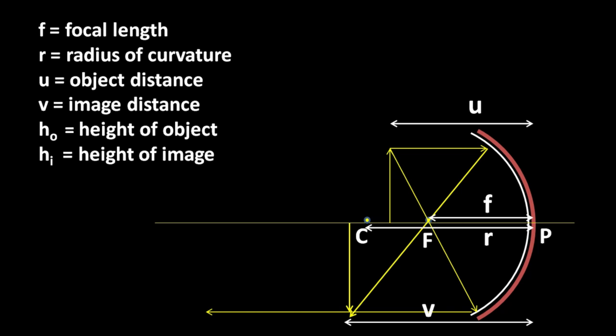Object is always kept above the principal axis and its height is represented by HO. The height of the image is represented as HI.